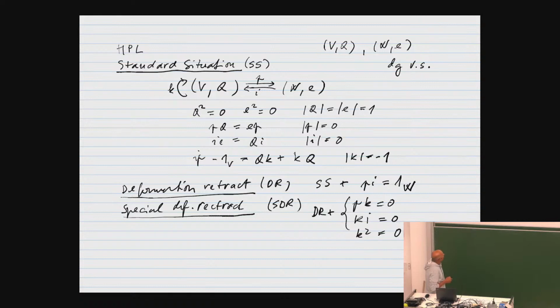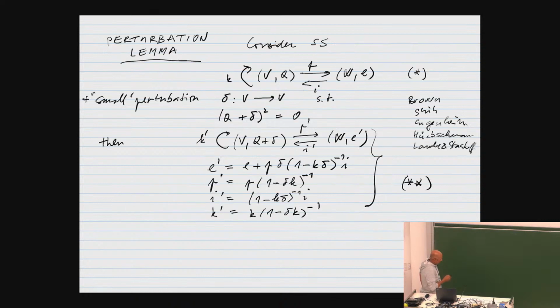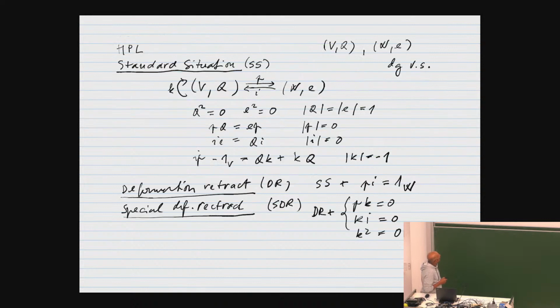So let me start with the mathematical side of this perturbation. What people introduced already maybe in the 60s is the homological perturbation lemma, and the starting point is something that goes under the name standard situation.